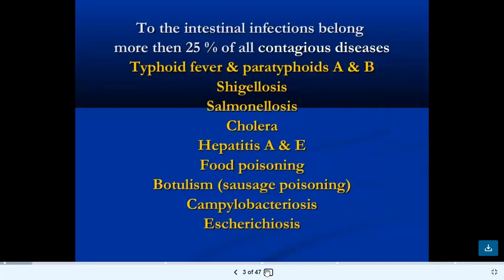Intestinal infections account for more than 25% of contagious diseases: typhoid fever and paratyphoid A and B, Shigella, salmonellosis, cholera, hepatitis A and E, food poisoning, botulism, campylobacteriosis.